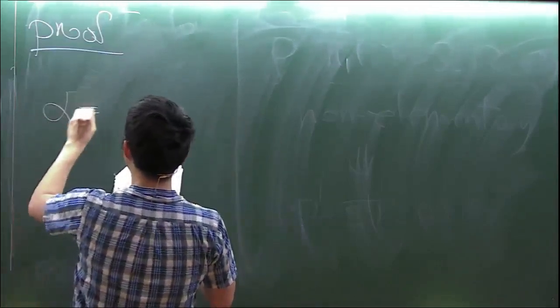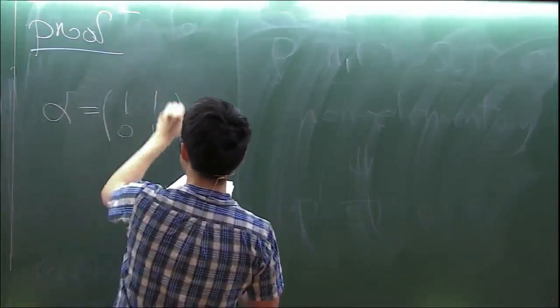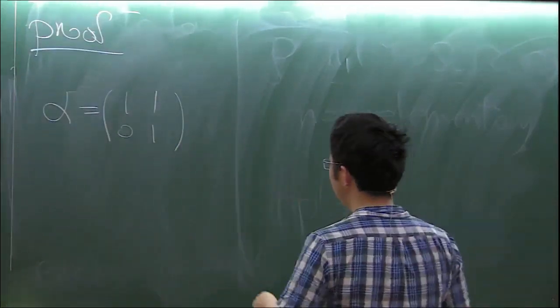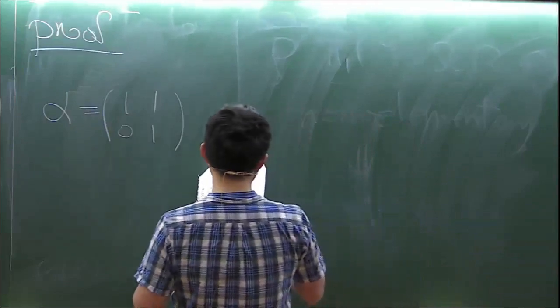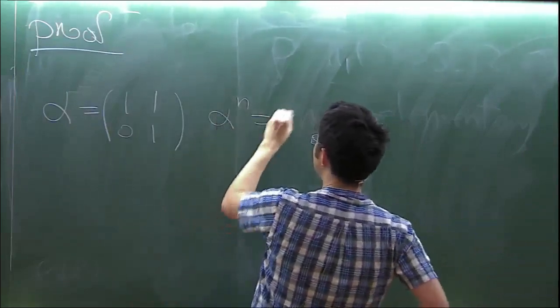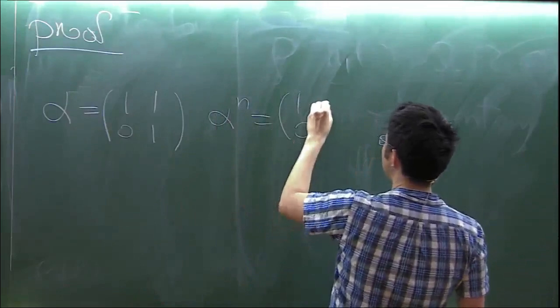So you can put alpha, by normalizing, in this form, 1101, so that if you take a power, it's n and 1.